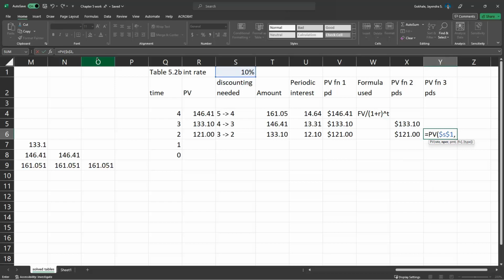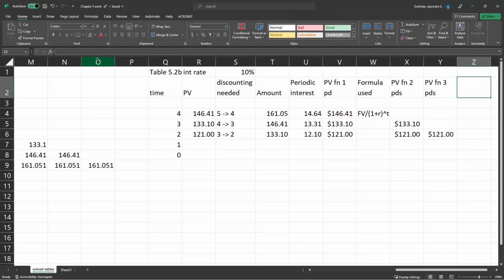Number of periods is 3. The payment 0. The future value is minus T5, so not T4 but T5. Apologies on that. Again 121, and then control R.